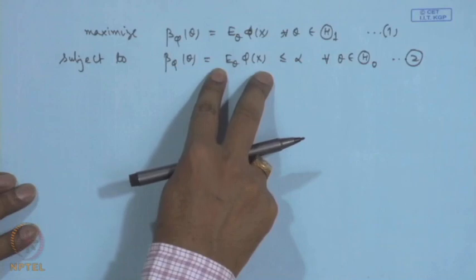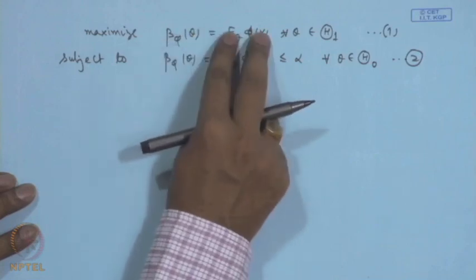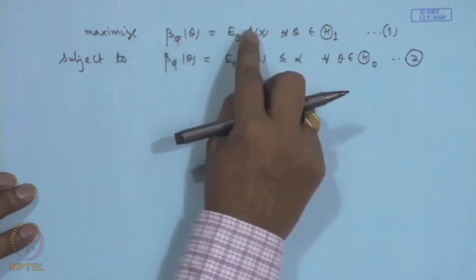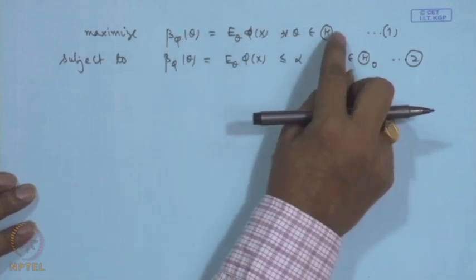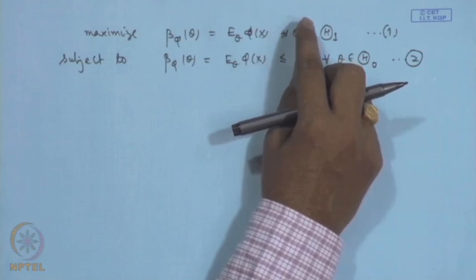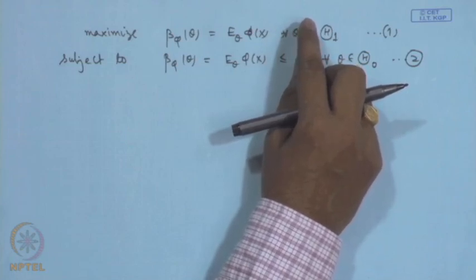This is called the size condition, and this is the maximization of the power. When theta 1 is a singleton, this will give a most powerful test, and otherwise this will give the uniformly most powerful test.